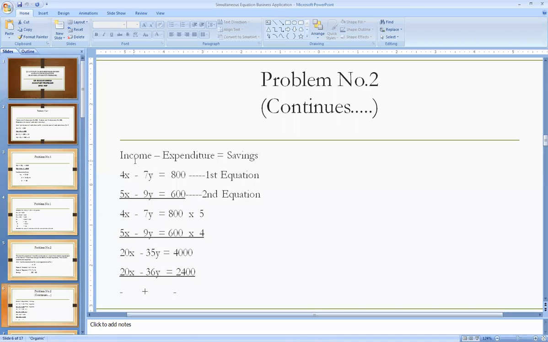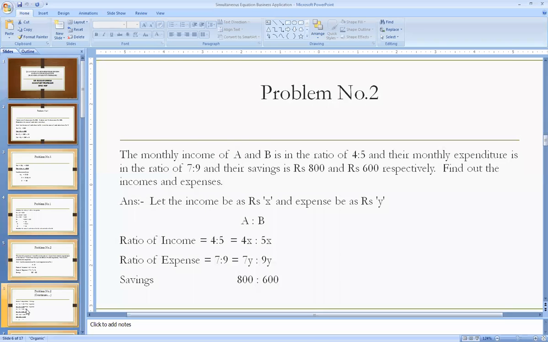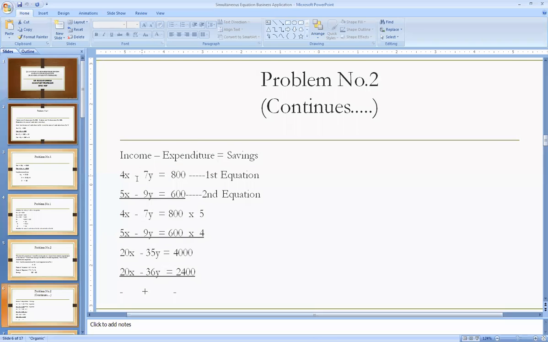And wherever income is there, the income ratios that we have already calculated earlier, that is 4x and 5x, have to be substituted. The first equation is for person A, and the second equation is for person B. So person A's income is 4x, and person B's is 5x.